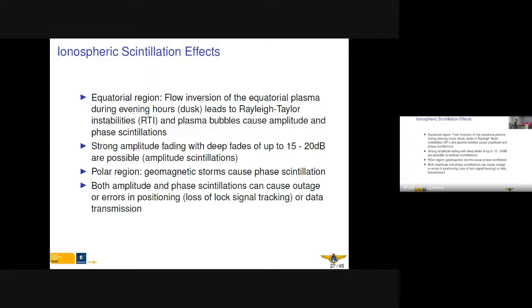So both amplitude and phase scintillations can cause outage or errors in positioning, loss of signal tracking, or data transmission. And this is not only affecting GNSS, but all space-based services, more or less dependent on the frequency.